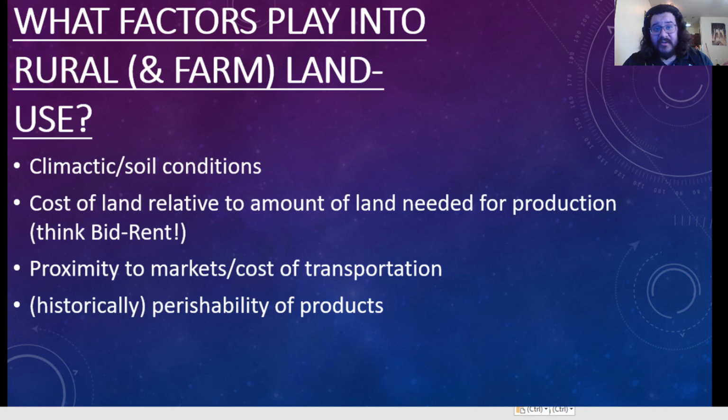Historically, we looked at perishability of products, which nowadays is kind of up in the air. There may be some specialty products that still need to be relatively close to market, so they're being sold locally. But in terms of global production, we have a lot of change that's happened technologically with transportation and refrigeration technology, and specific for food products, that's extended this perishability window, and that makes distance almost irrelevant.